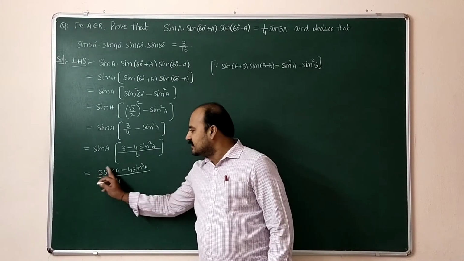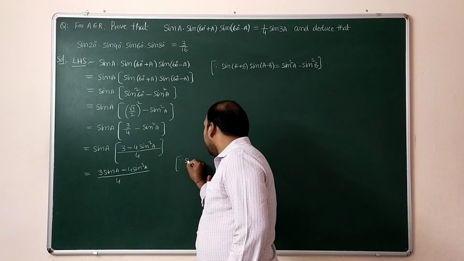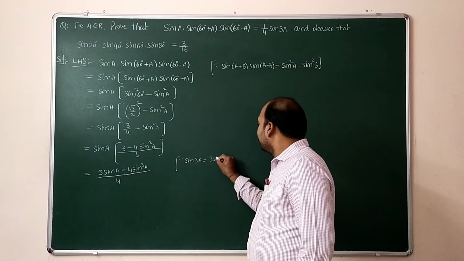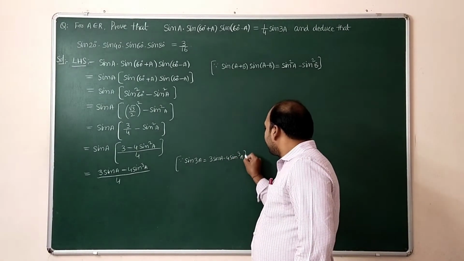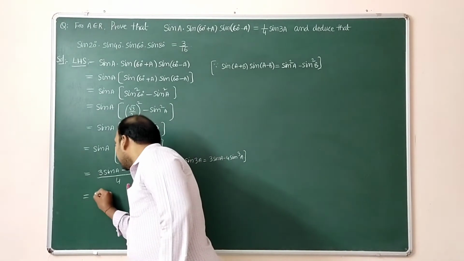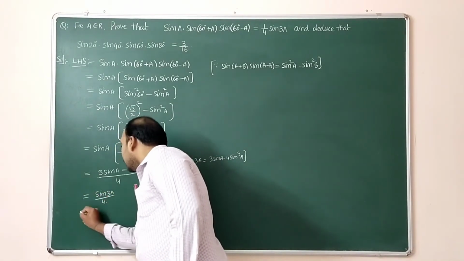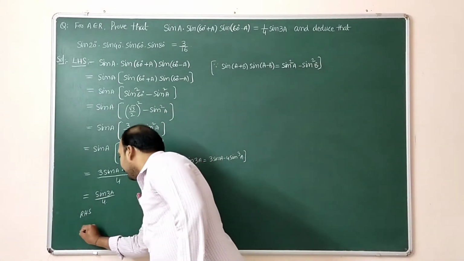Sin 3A means 3 sin A minus 4 sin cube A. We have the sin 3A formula. So the numerator value becomes sin 3A divided by 4. This is the required RHS.